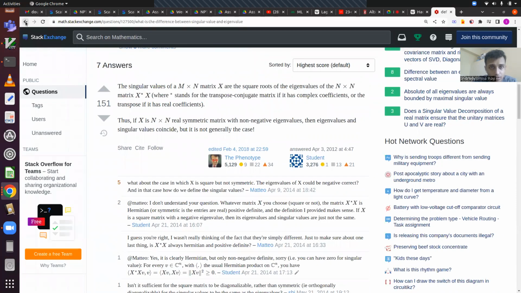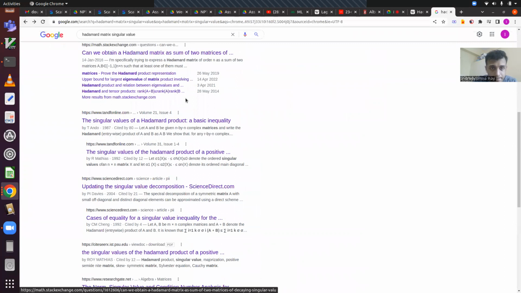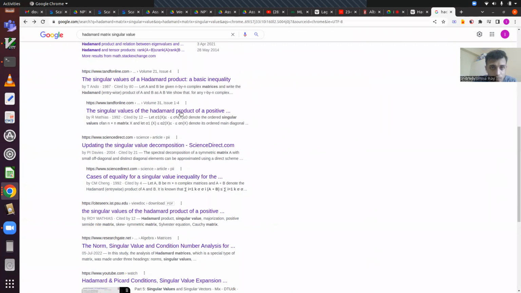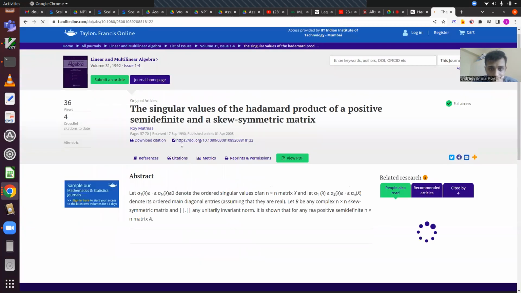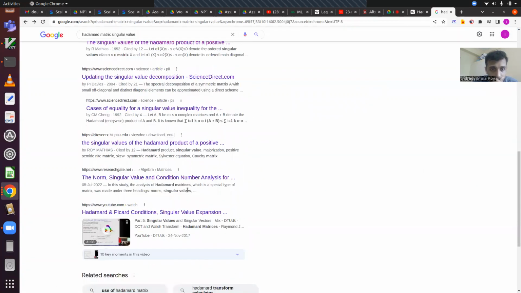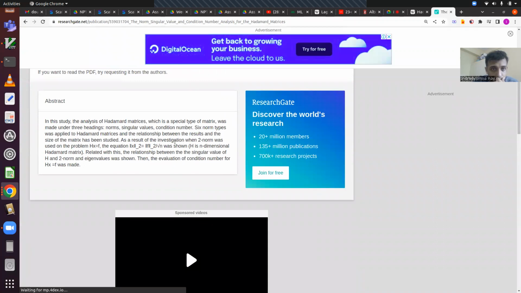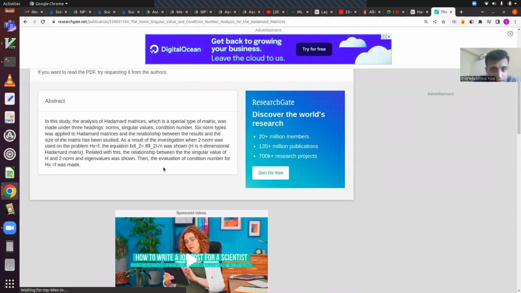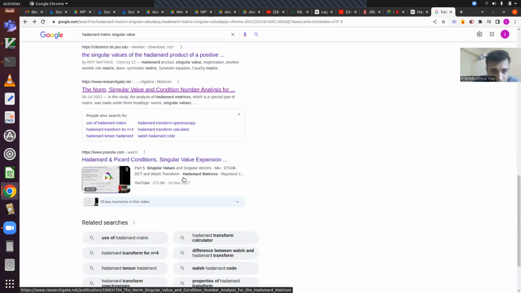So I think the first one was right. Let sigma 1 to sigma n be the singular values. Okay, here we have something: for matrices, the 2-norm is used in the product equation. Let's search for a minute more and then we'll see the question.